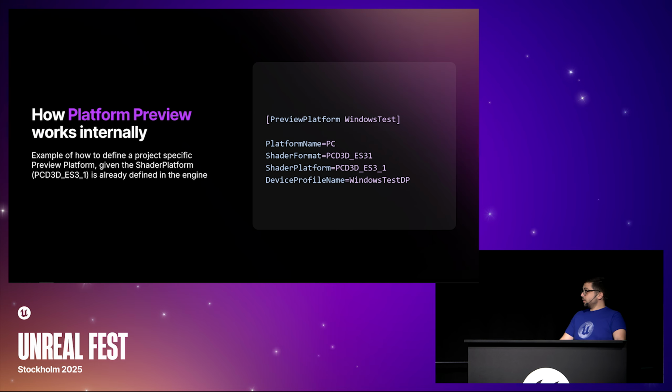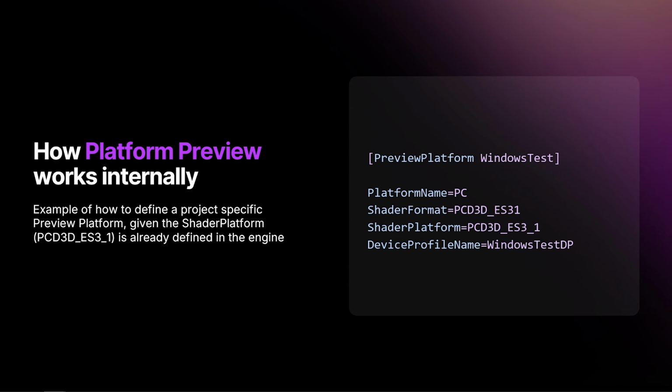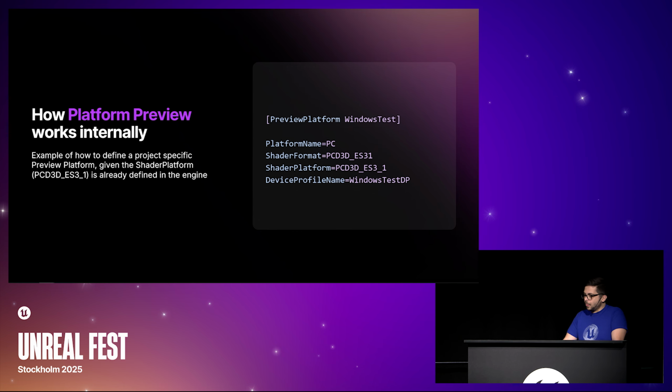As an example, let's say we want to define a new preview platform for Windows D3D ES31 because we want to use a different device profile, different scalability groups, different features than the default one. You just create a new data-driven platform info file, and then you set the platform name, which is PC, shader format, and shader platform, which are all defined in the engine.